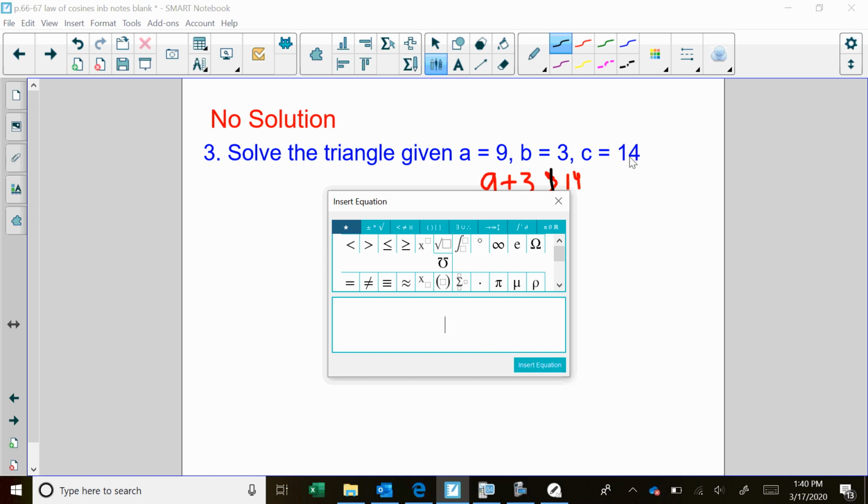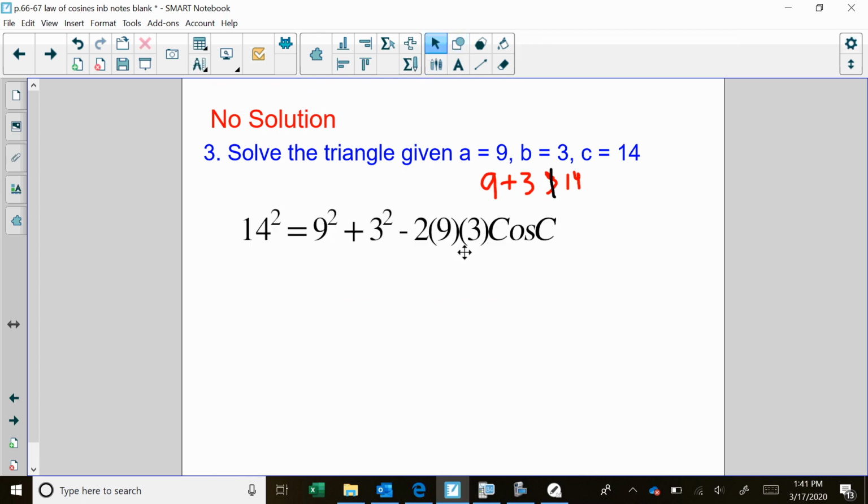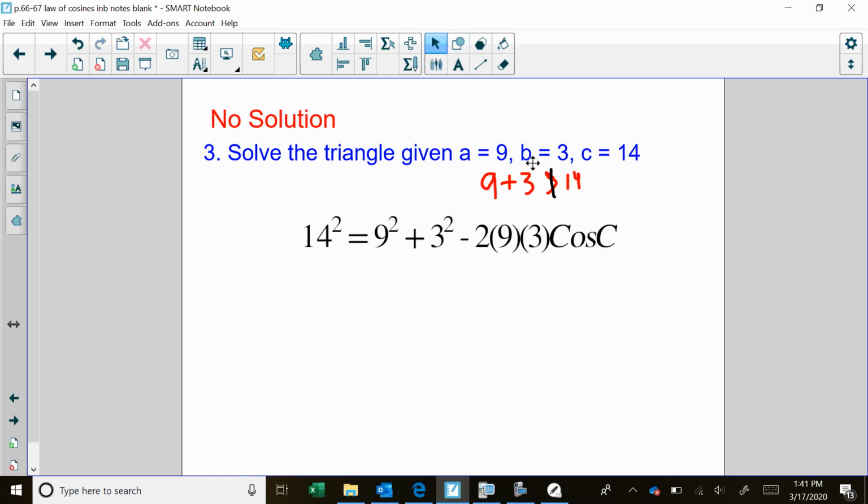So since 14 is the largest side, we do 14 squared equals 9 squared plus 3 squared minus 2 times 9 times 3 cosine of a big old C. Okay, so we insert these values into the law of cosines formula.